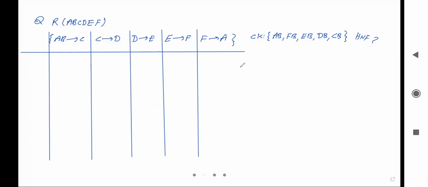Okay, definitely it is in 1NF. It may be in 2NF or 3NF also, so try for that one also.